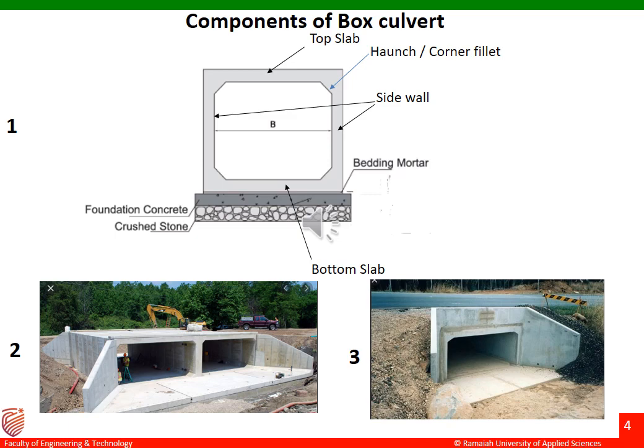So that means these side walls will act as a support for the top slab, and the top slab is the portion which serves the purpose of the deck, and the side walls serve the purpose of the abutments, or behave like supporting structures for the top slab.